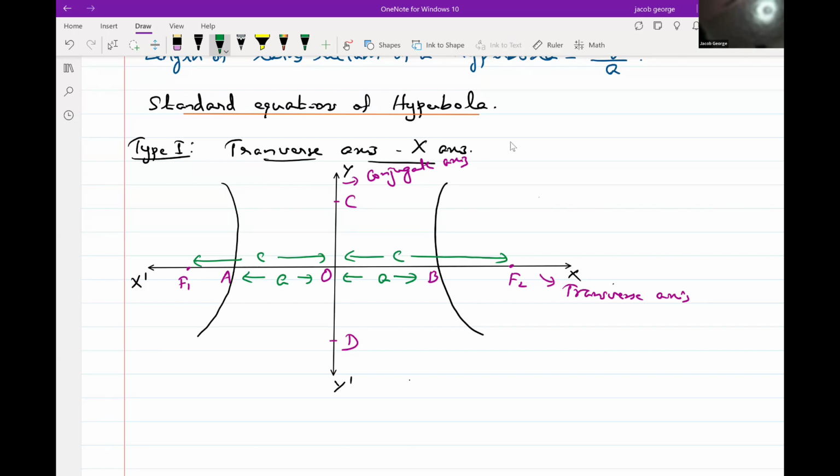Please draw the hyperbola. Maximum need diagram. Use scale and pencil.